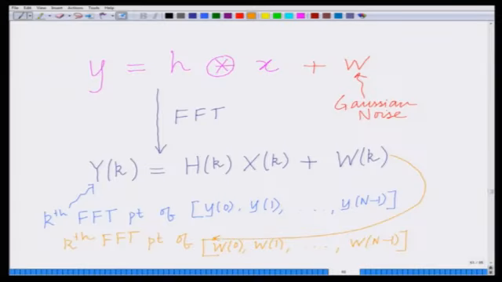Now, after taking the FFT at the receiver, we have capital Yk, where Yk is the kth FFT point of the received samples small y0, small y1 up to small yn minus 1, equals capital Hk, where Hk is the kth channel coefficient, that is the FFT of the zero padded channel coefficients h0, h1 up to hL minus 1 followed by n minus L zeros, times capital Xk, where capital Xk is the symbol transmitted on the kth subcarrier, plus capital Wk, where capital Wk is the kth FFT point of the noise samples small w0, small w1, up to small wn minus 1.